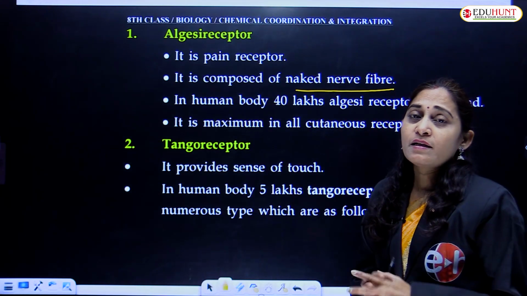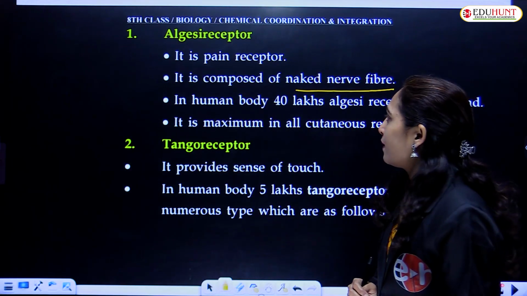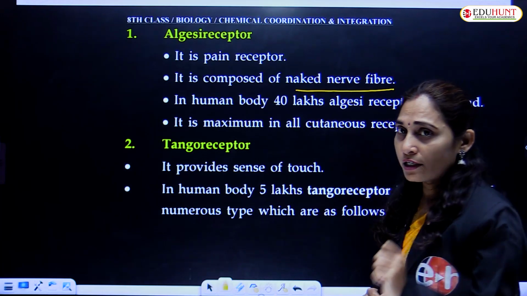Analgesic receptors are the receptors of pain and these are connected to the nerve fibers.